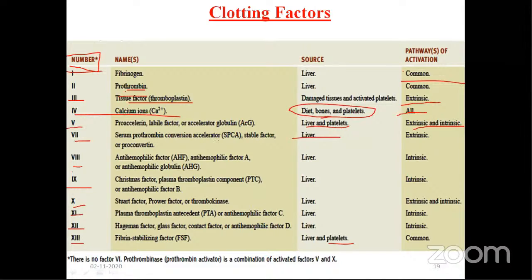It combines with factor number 10, and factor number 10 therefore is again important both in extrinsic as well as intrinsic pathway. Whereas factor number 8, 9, 11 and 12, all of them are involved in the intrinsic pathway, whereas factor number 7 and factor number 3 are important to the extrinsic pathway. Then fibrin stabilizing factor is common to both the pathways.